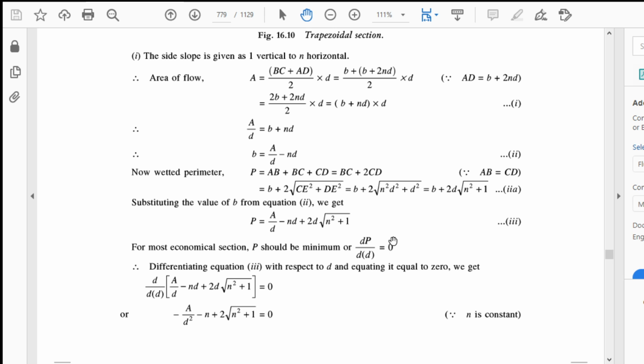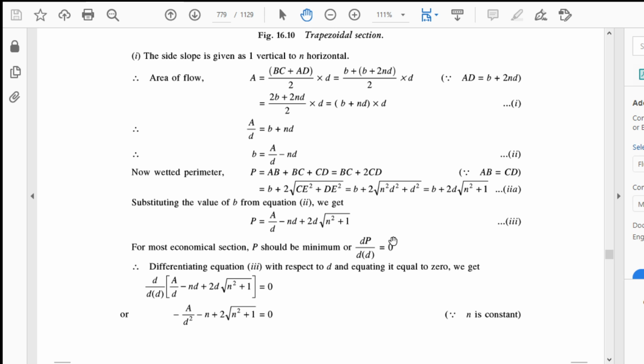Now for the most economical channel section, the first condition is any channel section will be most economical when the wetted perimeter of that channel is minimum. And the discharge passing through that most economical channel section, for a given cross section, slope and roughness coefficient, should be maximum.